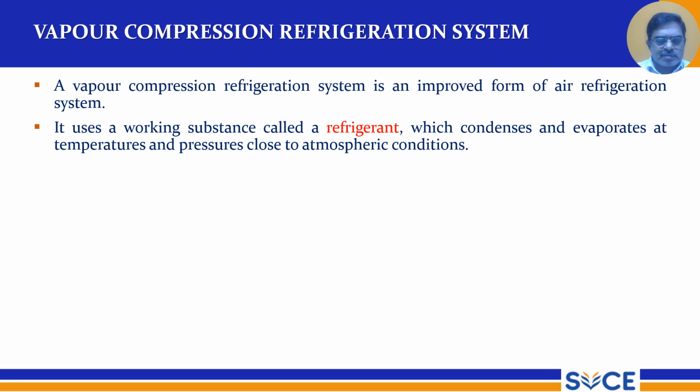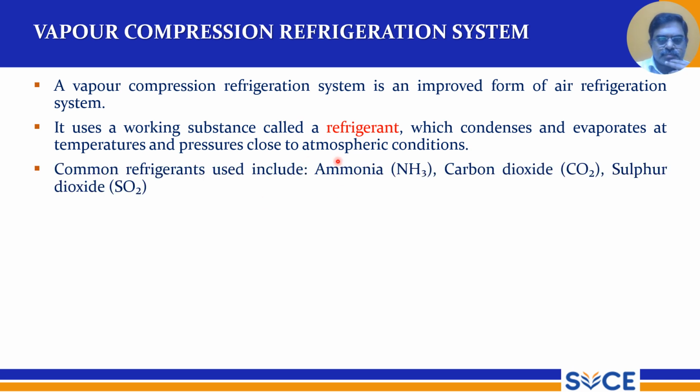Which condenses and evaporates. So here the refrigerant condenses and then evaporates at temperatures and pressures close to atmospheric conditions. Common refrigerants used include ammonia, that is NH3, carbon dioxide CO2, and sulfur dioxide SO2.